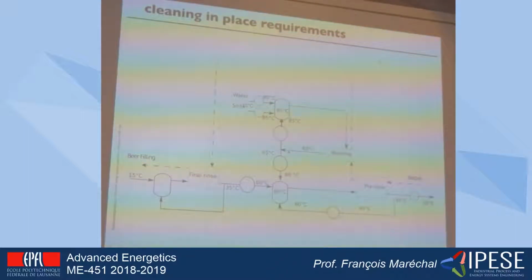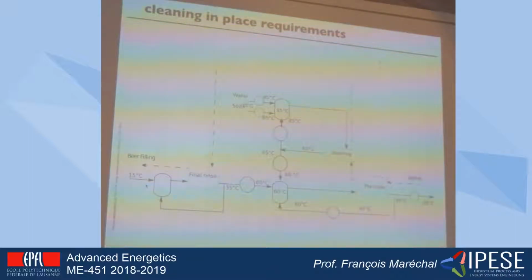And then afterwards, once you have washed the bottles, they are going to be cooled down. There is apparently no specification here, so it means that we can do what we want there. But again, the system needs a certain flow here, and this flow is in fact made by recycling. Okay?